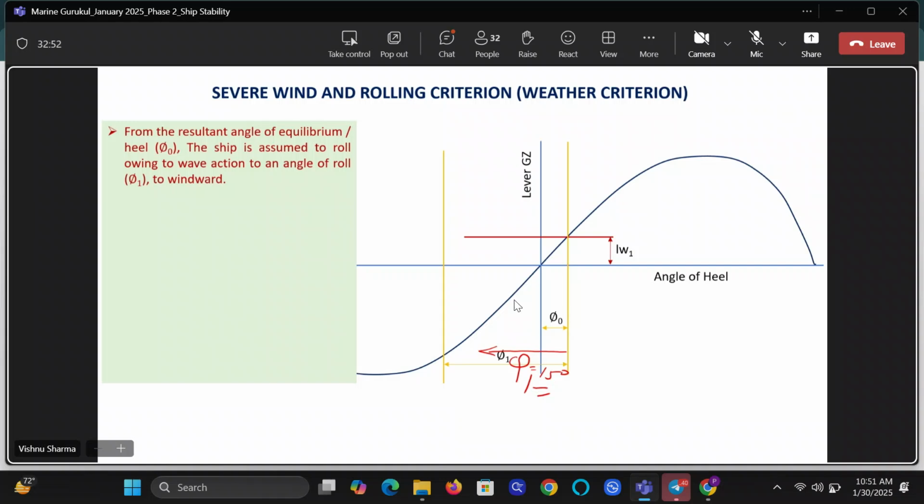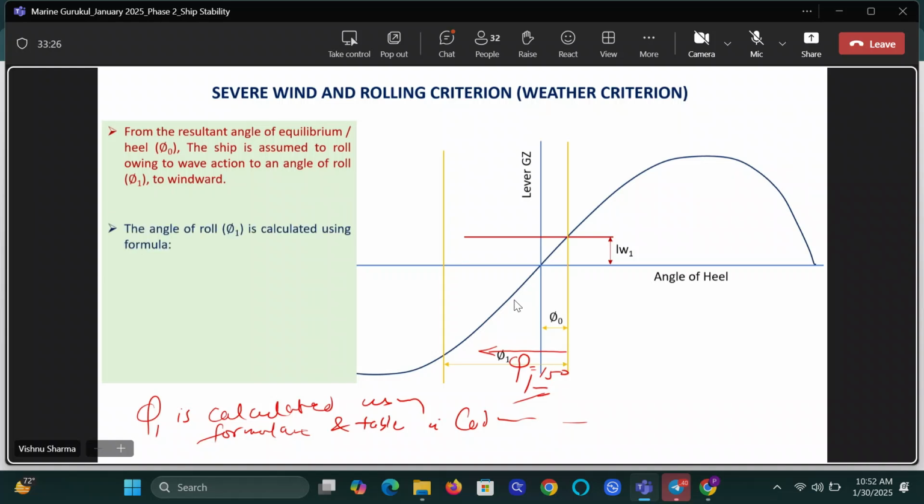Now, what does the IMO say further? How do you calculate phi 1? Now, phi 1 is calculated using some formulae and some tables in the code of intact stability. That's all you can write. I'm showing you a formula. You don't want to remember, it's okay. You can say phi 1 is calculated using formulae and tables in code of intact stability.